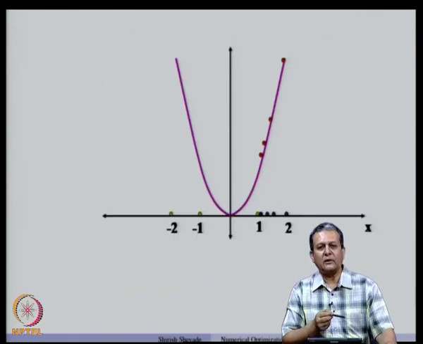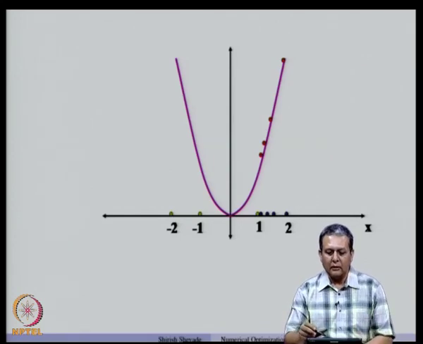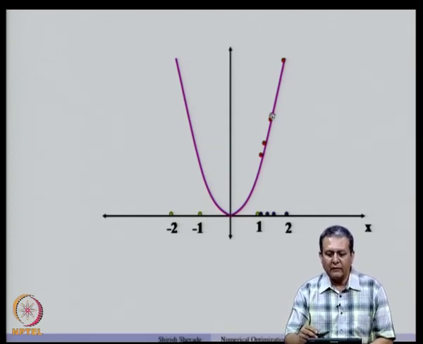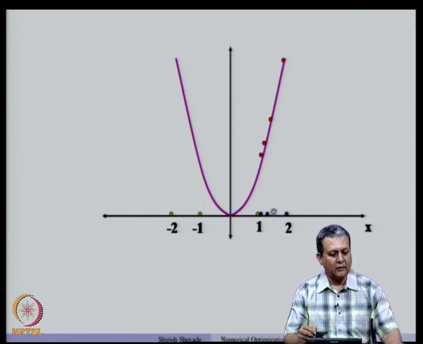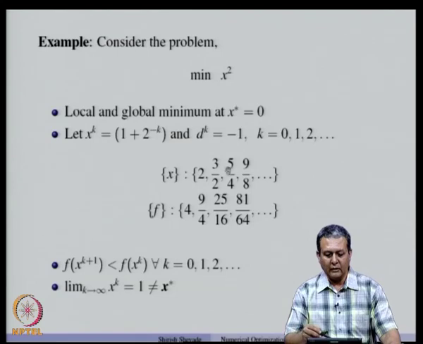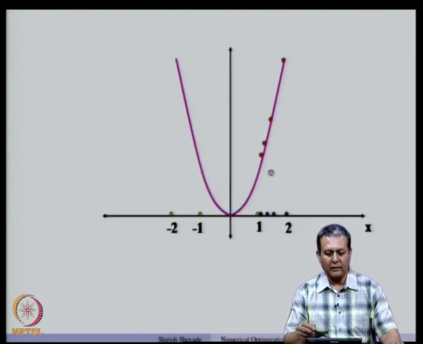Now, what is the problem in this case? Let us try to answer that. Initially we started with x0 equal to 2, which is this point, and then x1 was 3 by 2, and then 5 by 4 and 9 by 8.